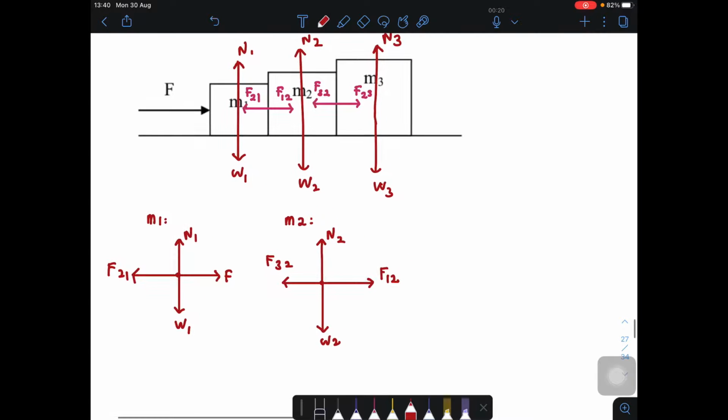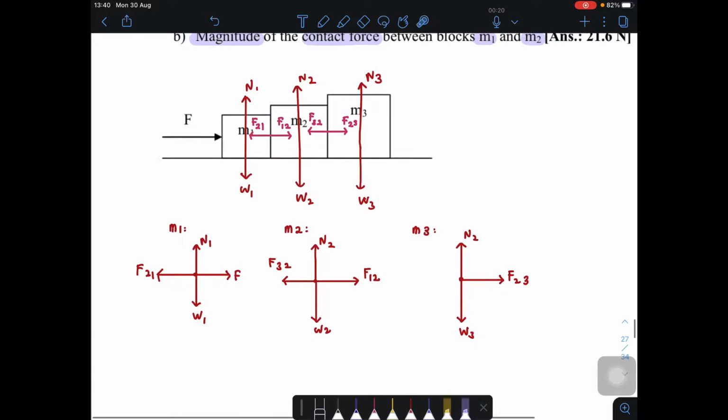And then that's it for M2. Now M3 sama juga. Now we have F23 which is going to the right.